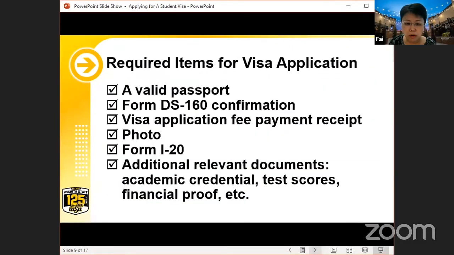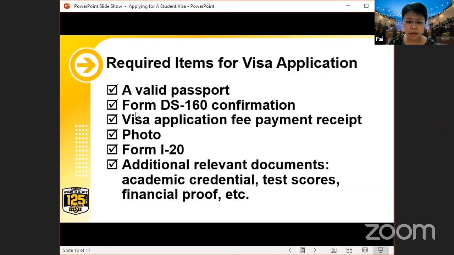So let's move on to see what you need to prepare for your visa application. So to fill out your form, you will have a valid passport, which means that your passport needs to have at least 6 months until its expiration. But of course, it will be better if you have a longer expiration date.